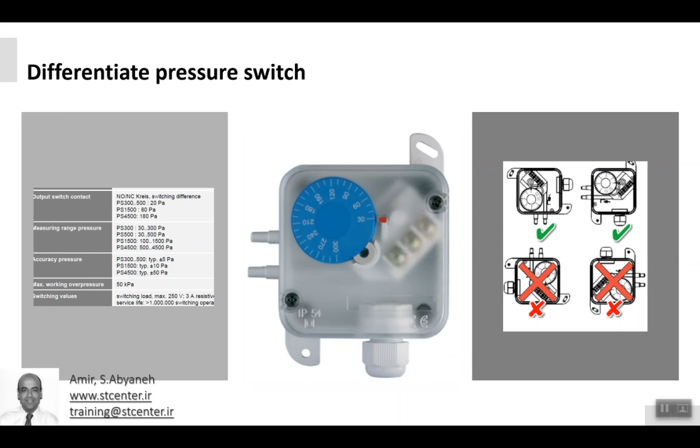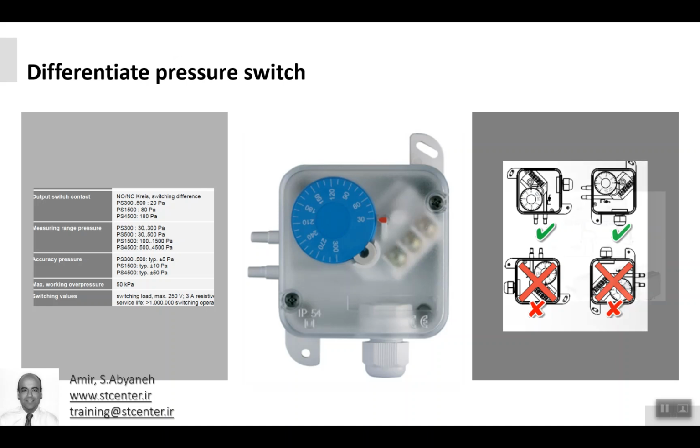So we should select the right differential pressure switch range. It's different according to the picture from the datasheet. You can see how many Pascal or how many bar before and after it should supply.